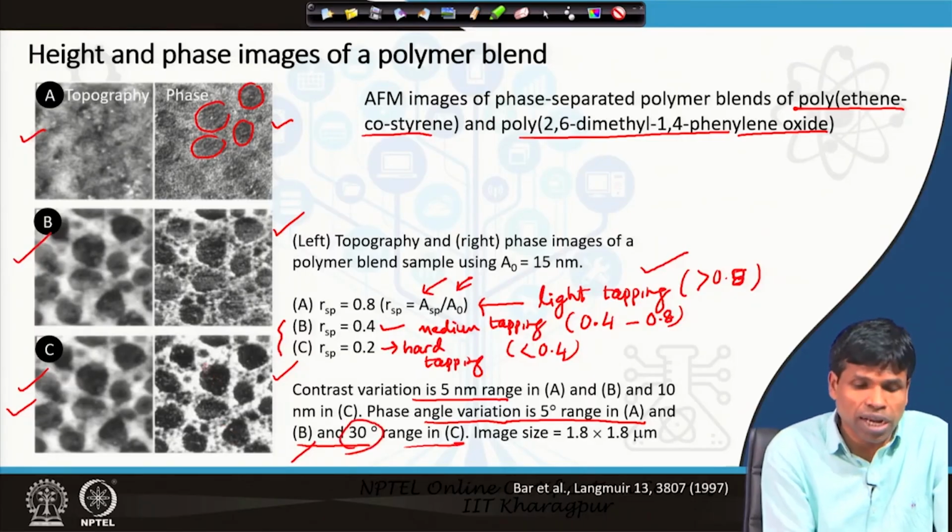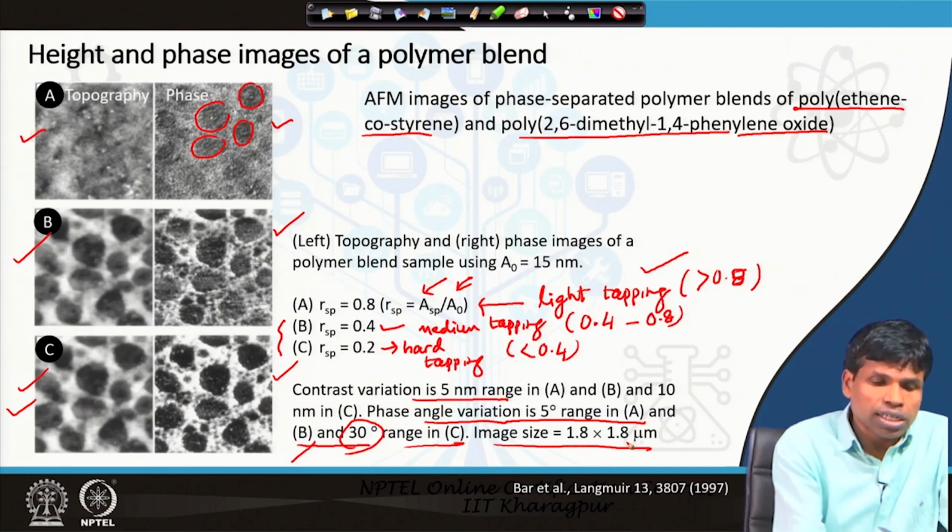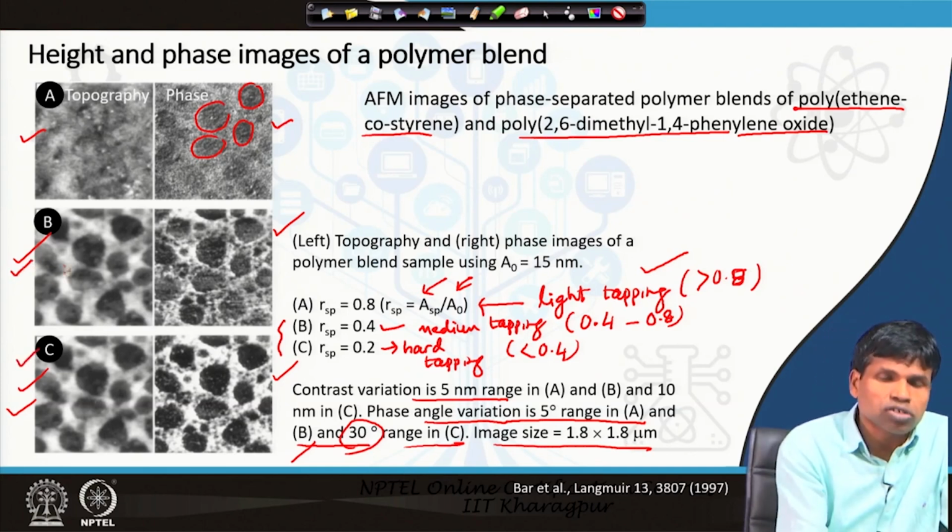That is why we see much brighter and much darker contrast in the hard tapping. The image size is 1.8 by 1.8 micrometer.